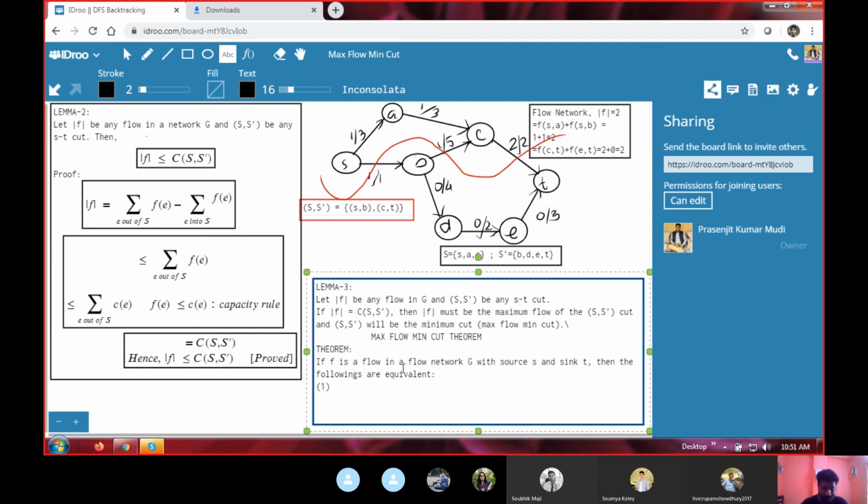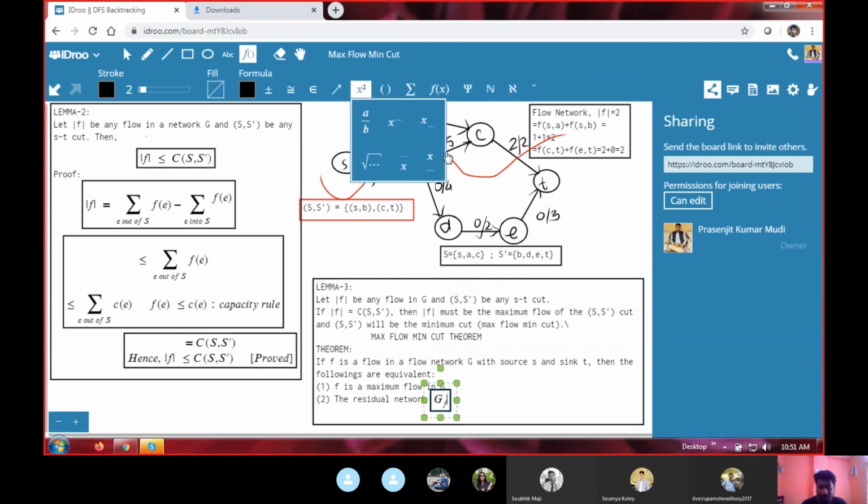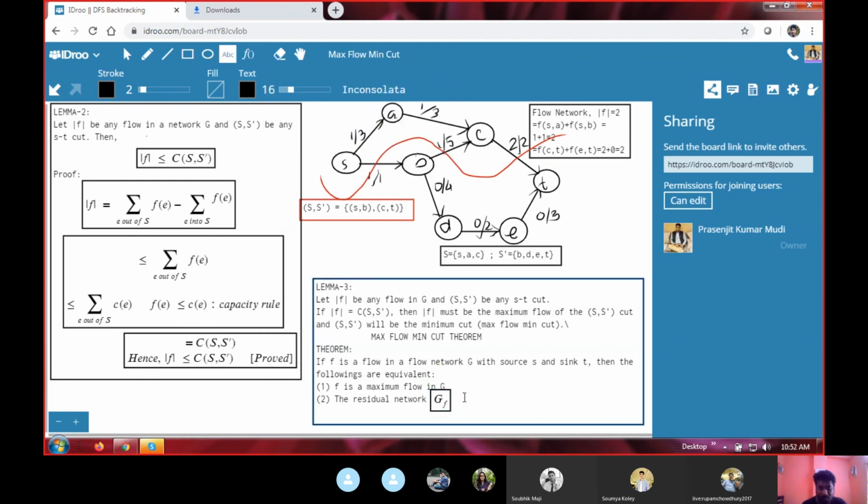Number one, F is a maximum flow. Number two, the residual network GF contains no augmenting path.